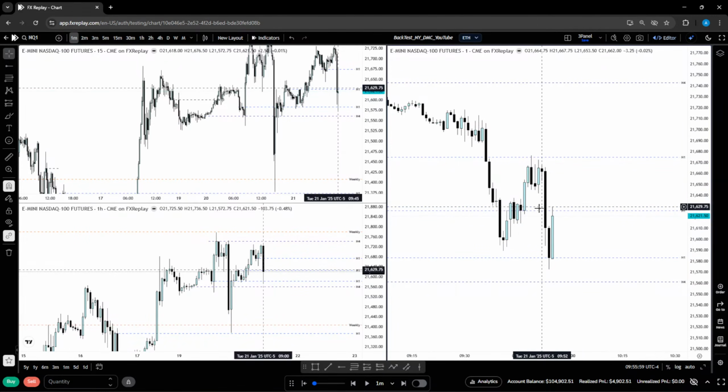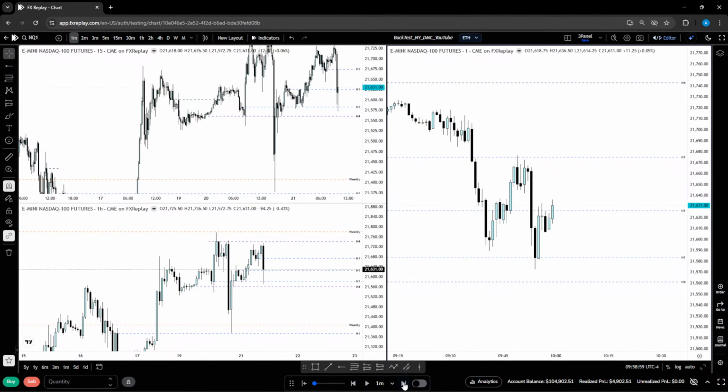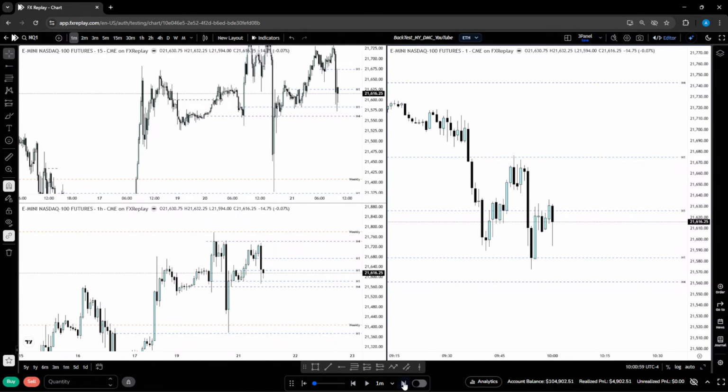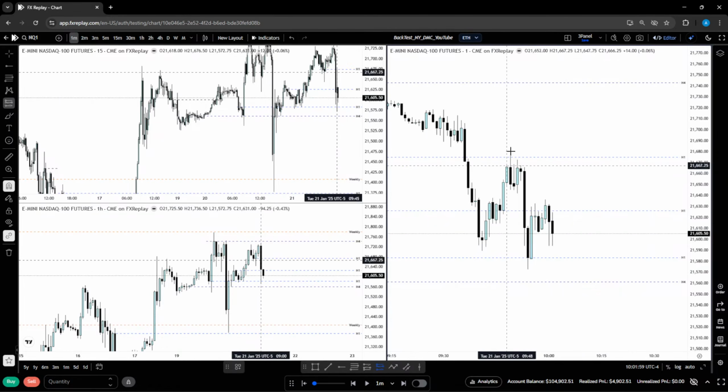So let's see if we get rejected from these levels. So this is a swing failure off of these levels.